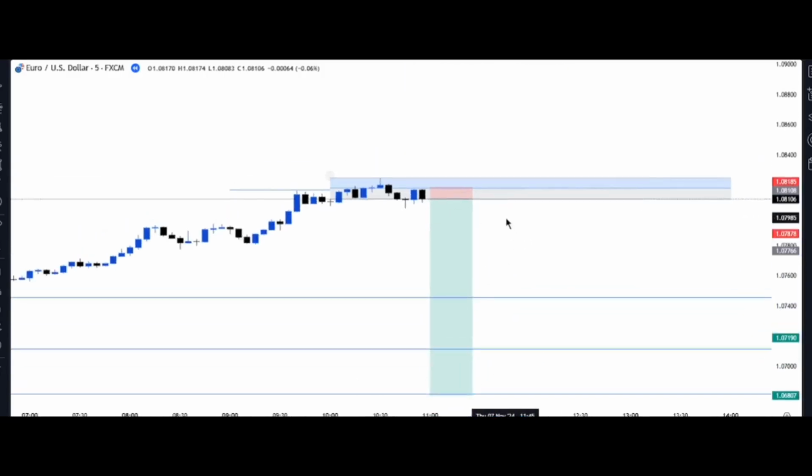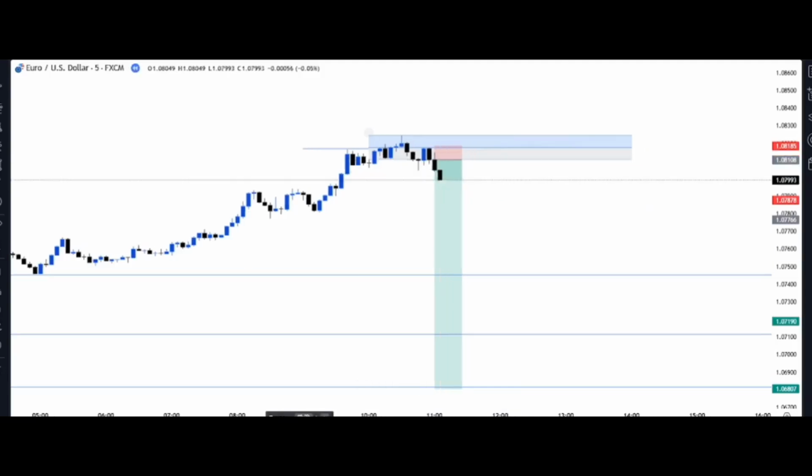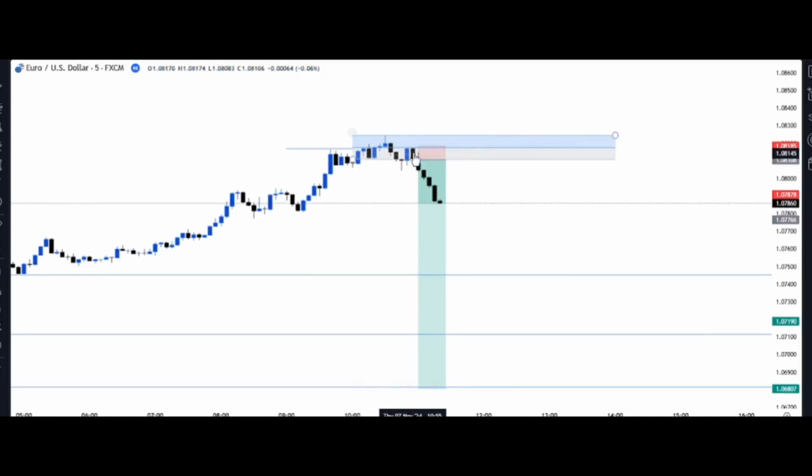This is our ultimate target. Okay? So, if it goes our way, it's going to give us 16R. That's crazy. Okay? We have been tapped into the market, as you can see here. This next candle tapped us into the market.